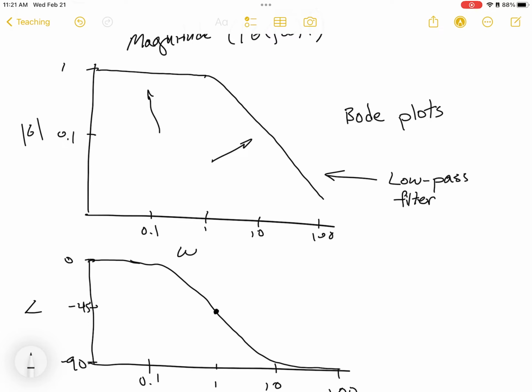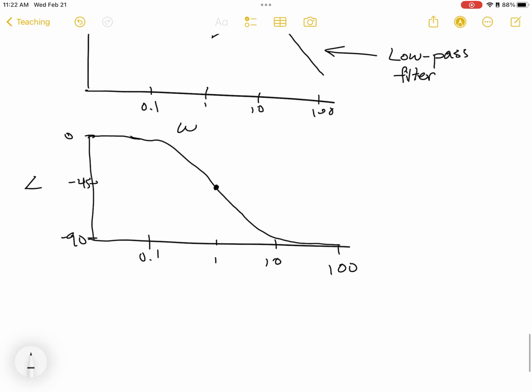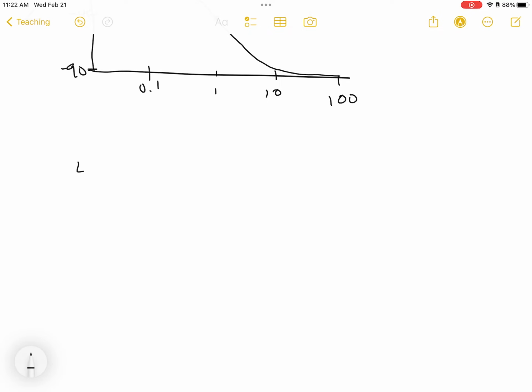That means that if we give an input with a low frequency, that low frequency is allowed to pass through the filter at a magnitude that's more or less unchanged. But if we start to increase the frequency, then the magnitude is going to decrease, and we're not going to get that high frequency information in the output of this system.